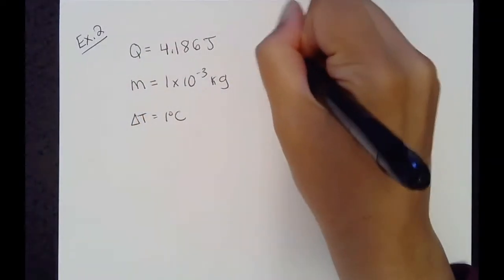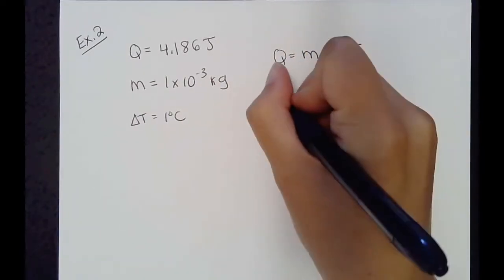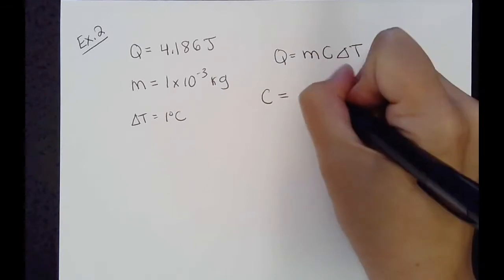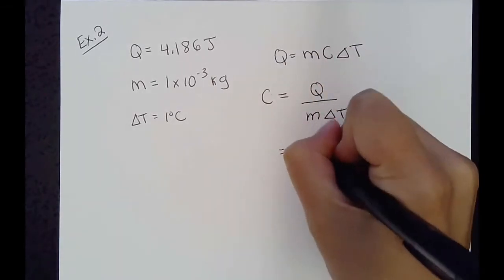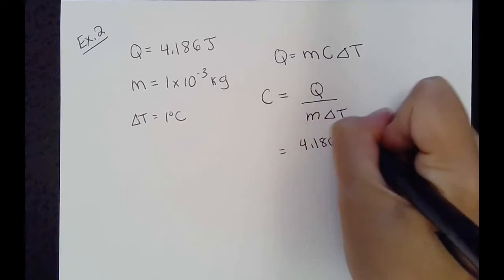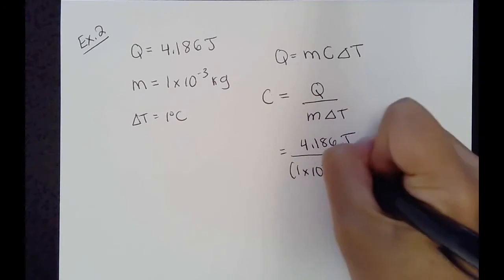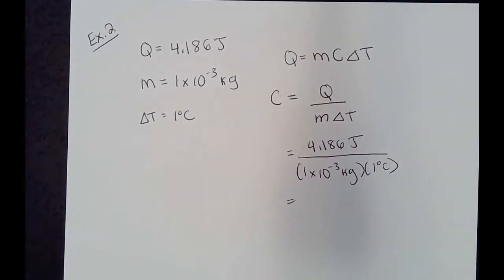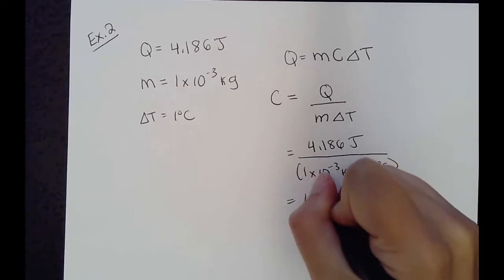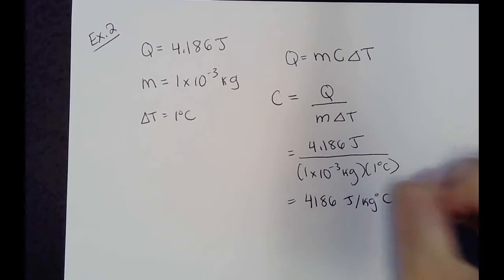So we have Q equals mc delta T, and then we can solve for C. We get Q over m delta T. So this is 4.186 joules over 1 times 10 to the negative 3 kilograms times 1 degree Celsius, which is 4,186 joules per kilogram degree Celsius.